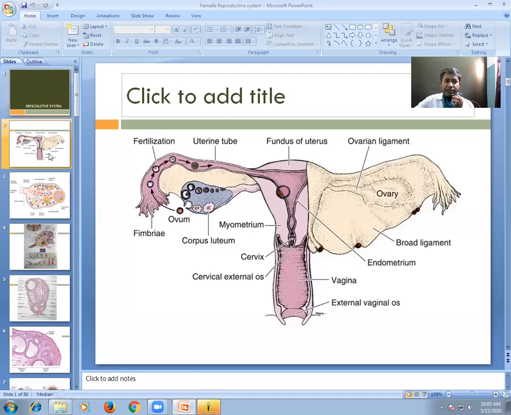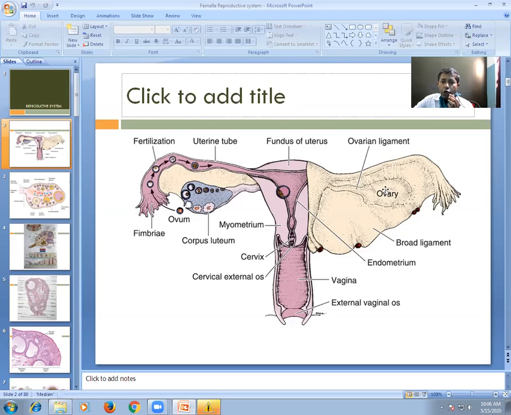So you can see here, this is the female reproductive tract. It consists of the vagina. Then this is the uterus. Last time also I told you, the uterus consists of the fundus, a body, and the cervix.